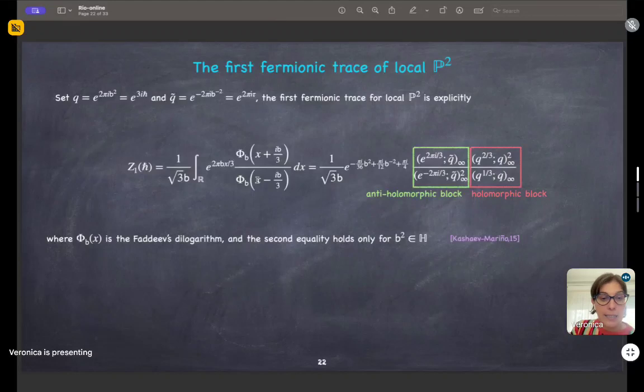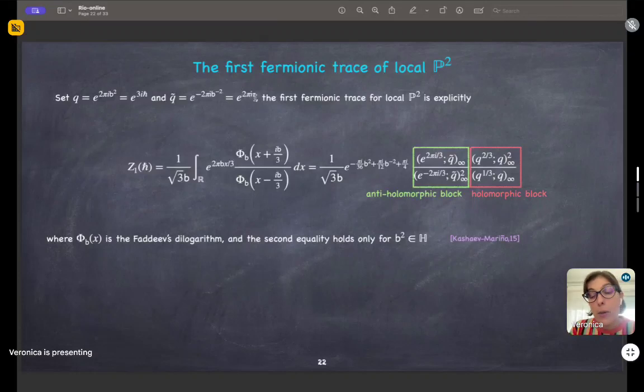But in this case, in the example of local P2, we also have this expression in terms of q-Pochhammer symbols. What I'm calling antiholomorphic and holomorphic block is because here you see they are q-Pochhammer symbols, but with the q tilde variable. And q tilde is related not to h bar, but to 1 over h bar.